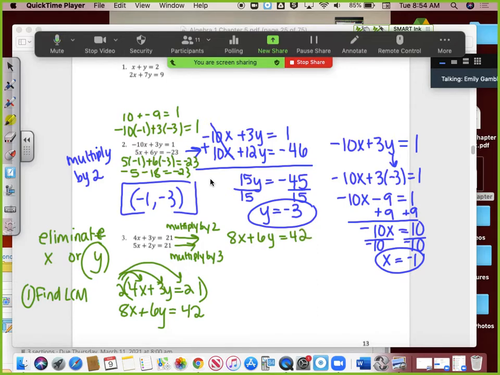And then I need to take the second equation, the 5x plus 2y equals 21, and I'm multiplying that by 3. And I'm doing that because I want to try and get it to say 6y. So when I multiply this by 3, I'll get 15x plus 6y equals 63.